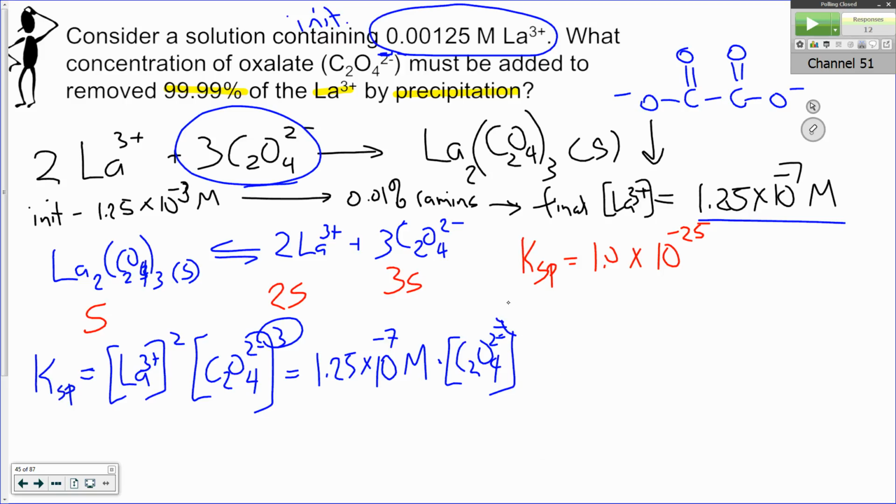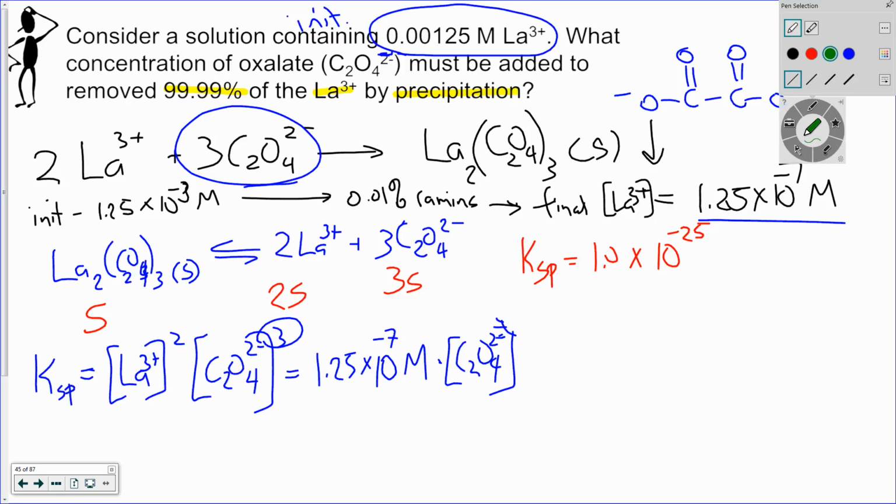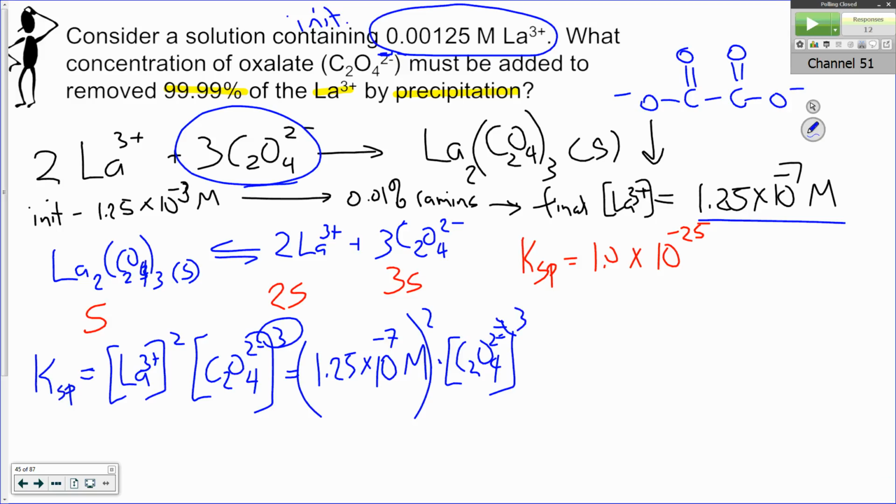All right, we're going to backtrack. Okay, so you're absolutely right. This concentration's squared. That one's cubed. So now we're going to rearrange this. We've got Ksp divided by the concentration of the lanthanum, squared.